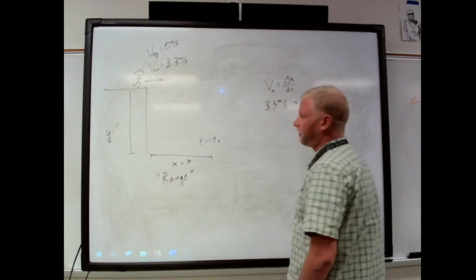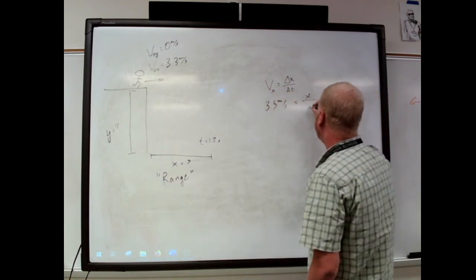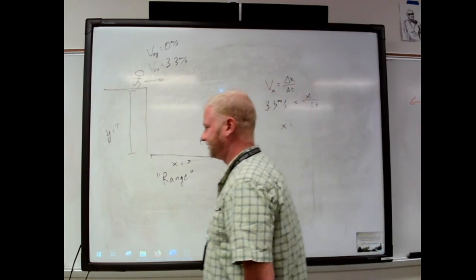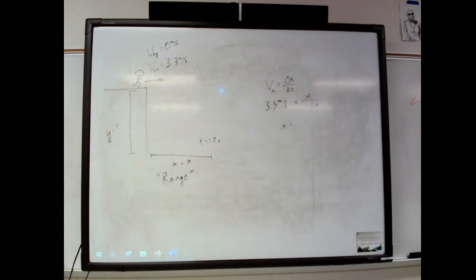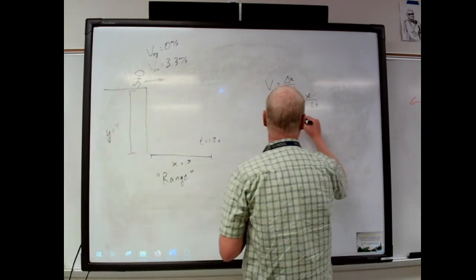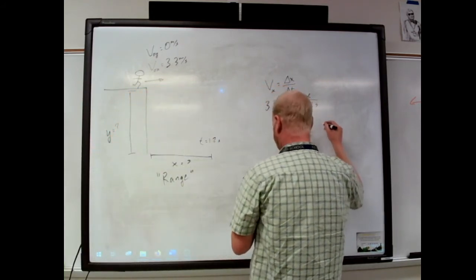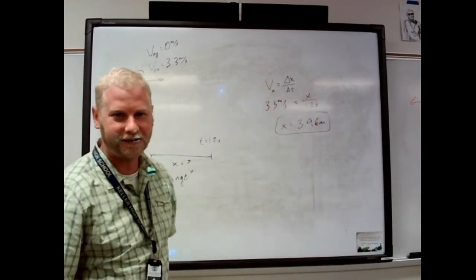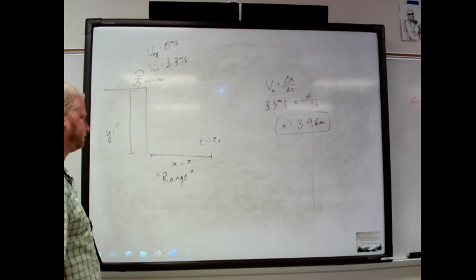We want how far out he goes in 1.2 seconds. So 1.2 times 3.3 gives us a range of 3.96 meters. Alright, so we found how far out he goes.